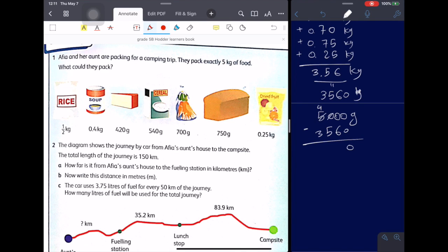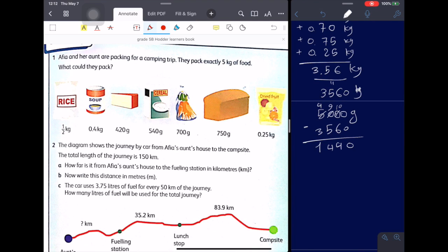This is going to be 4. This is going to be 9 and 10. 10 minus 6, 4. 9 minus 5, 4. And 4 minus 3, 1. So we are allowed to take 1,440 grams of extra stuff.